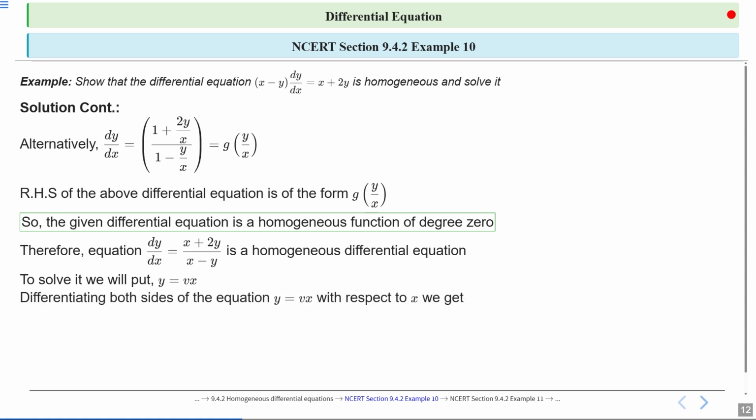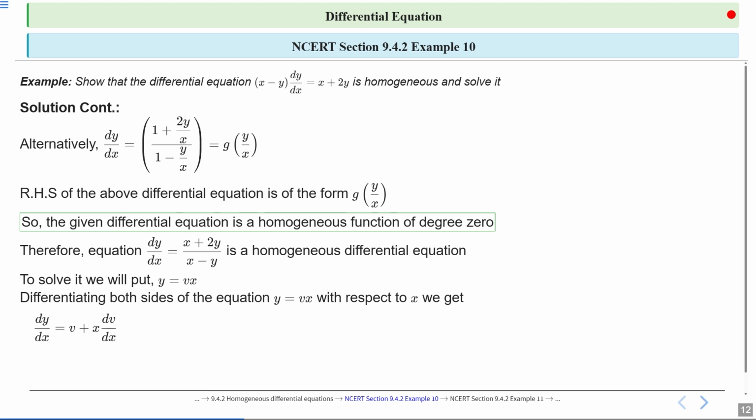When we put y is equal to vx and differentiate both sides with respect to x, we get dy by dx is equal to v plus x into dv by dx. So now we have the value of dy by dx in terms of v and x, and we can also put y is equal to vx.